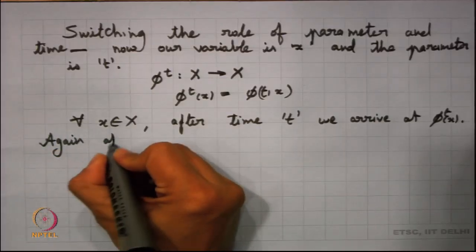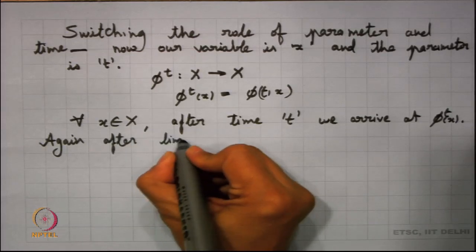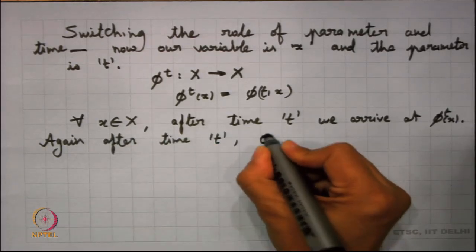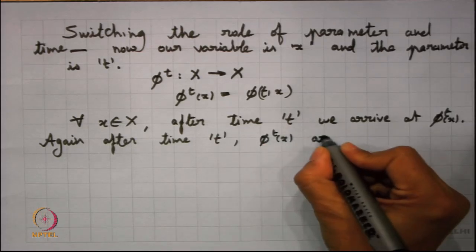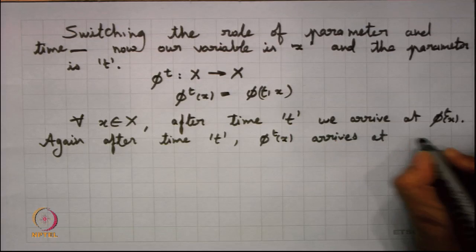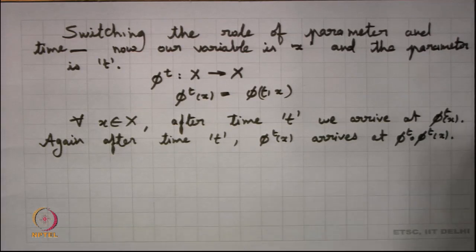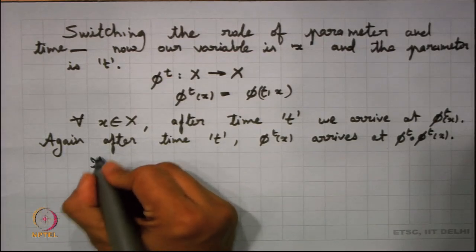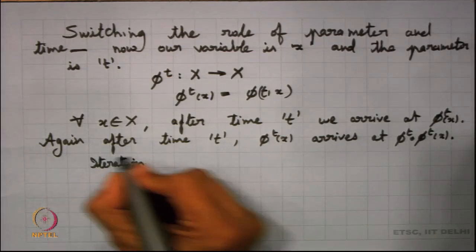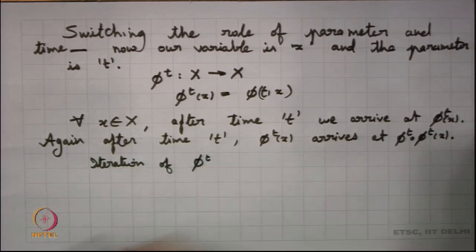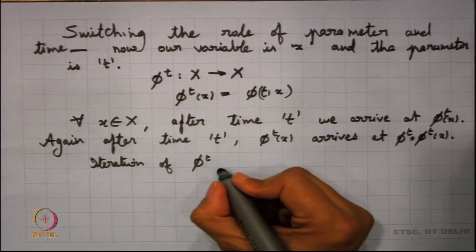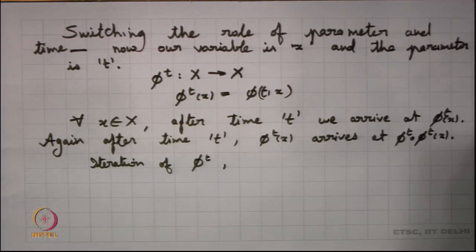So, again after t instants, what we have now is an iteration of this function phi t, and the iteration of this function phi t gives us how we are looking into how the system appears.